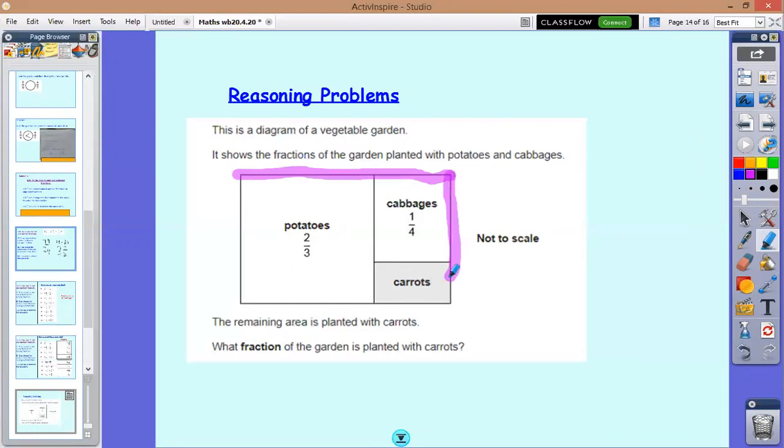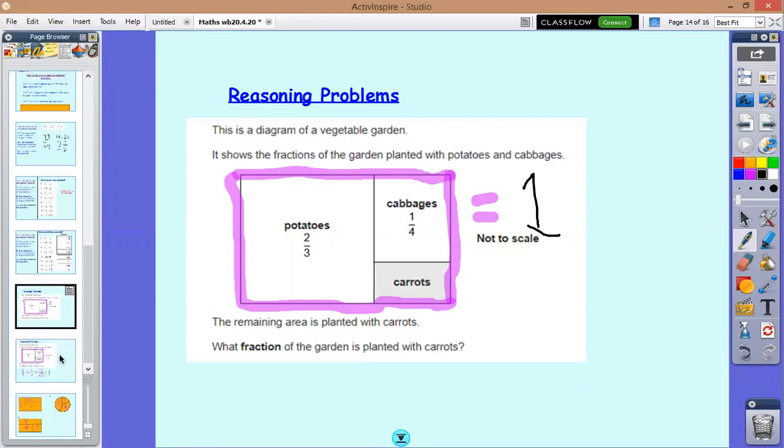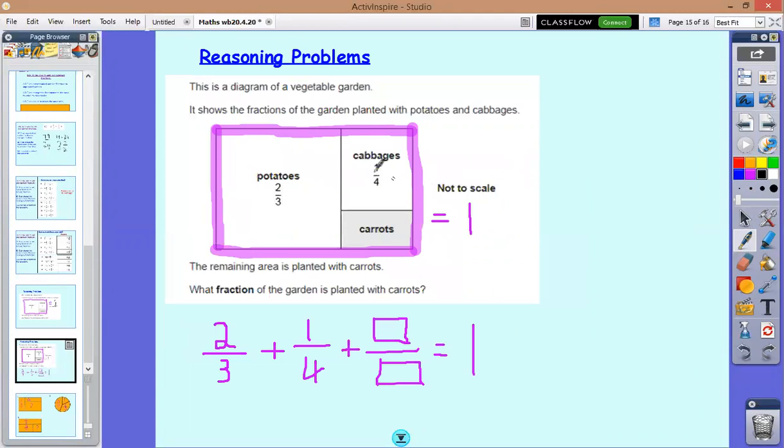Now, when I look at one big rectangle, it means the same as one whole. Now, I'm going to write this out as a number sentence, which is done on the next screen for you. So that equals one whole, as you can see, and that's 2/3 plus 1/4 plus my missing fraction, which is the carrots, which equals one whole.